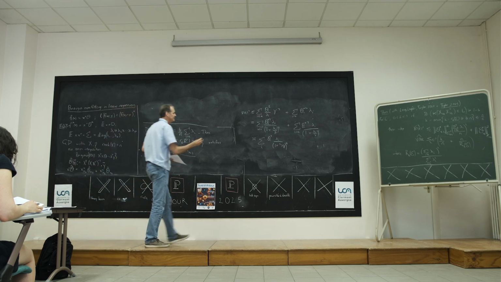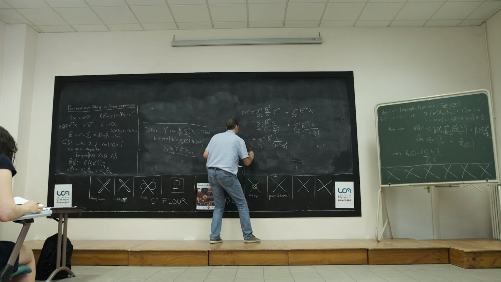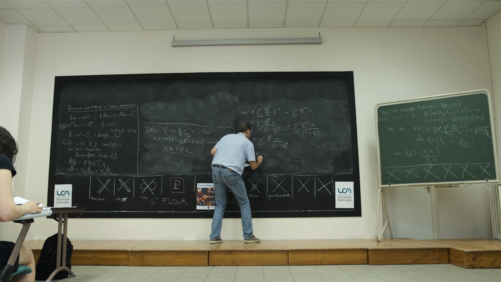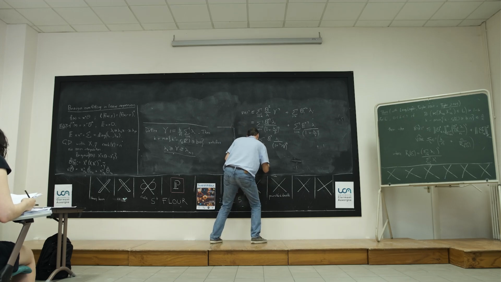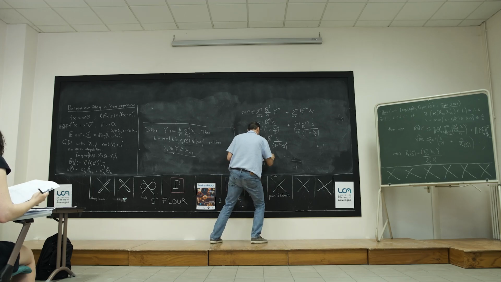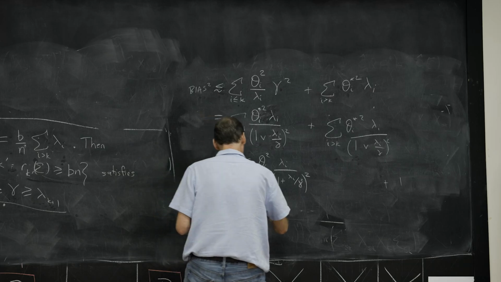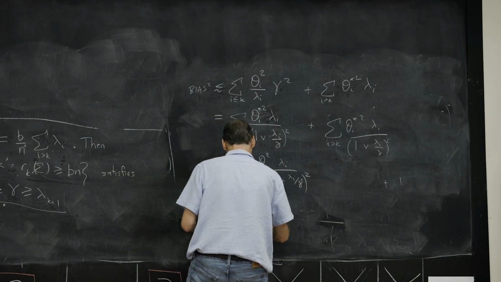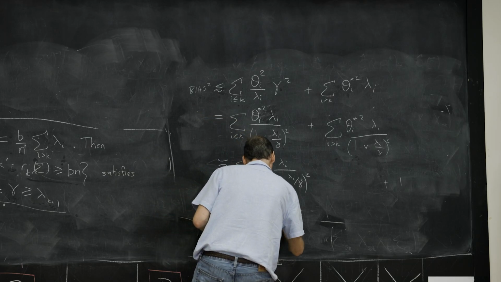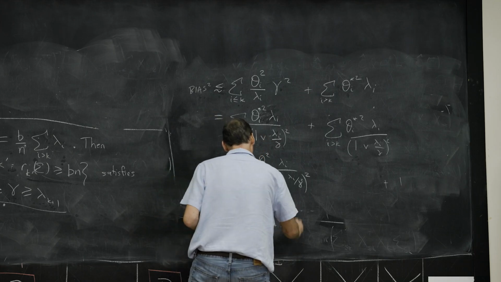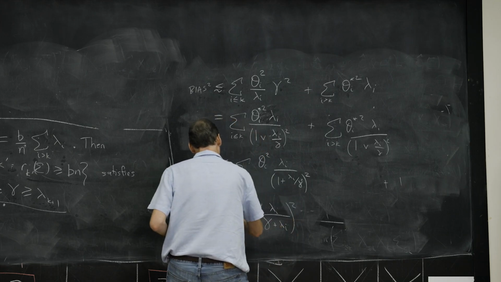Okay, and similarly you can go through the same argument and write the variance terms as no bigger than the sum over all i of lambda_i over gamma plus lambda_i squared, and that's times 1 over n.